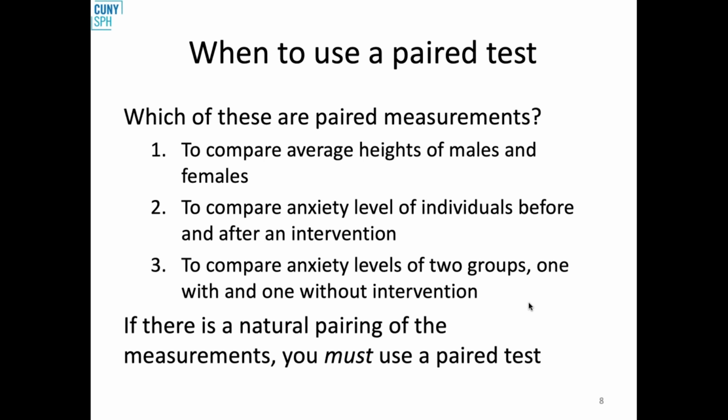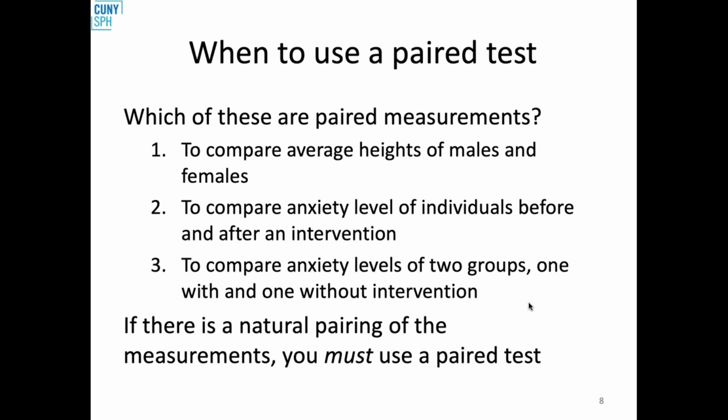When to use paired sample measurements, here are some examples. Which of these are paired measurements? I'll leave you to tell me that. Okay, 1, 2, or 3. Which one's a paired measurement? It's only one of them.